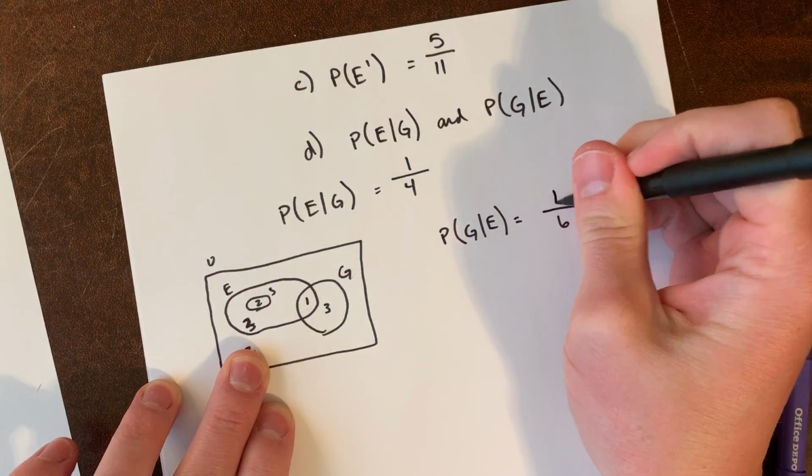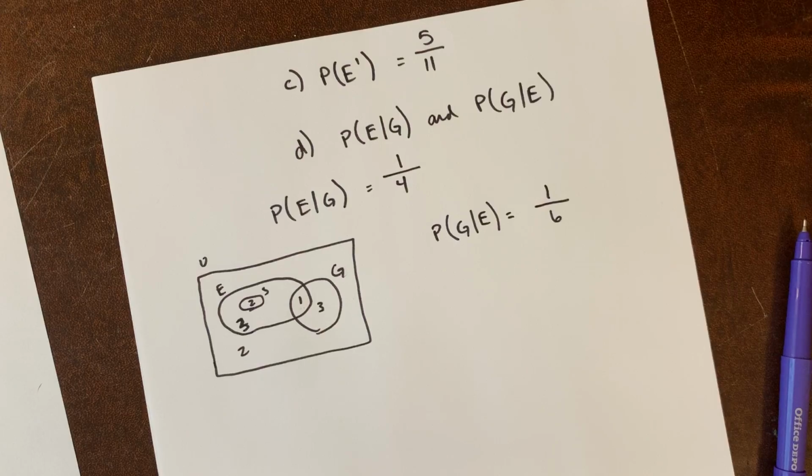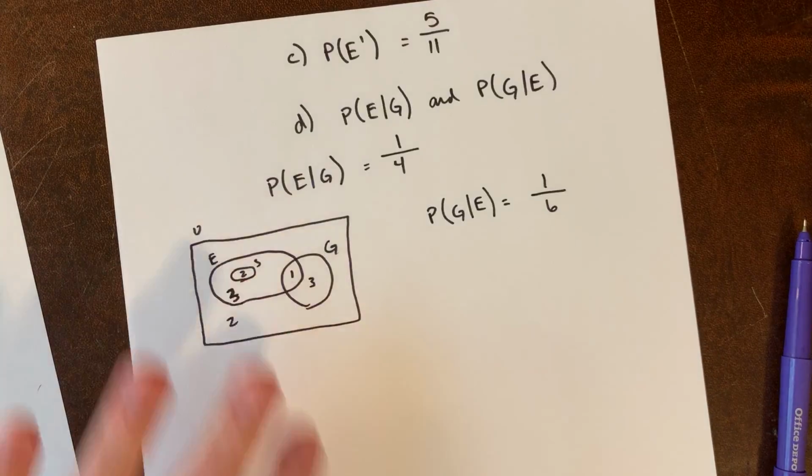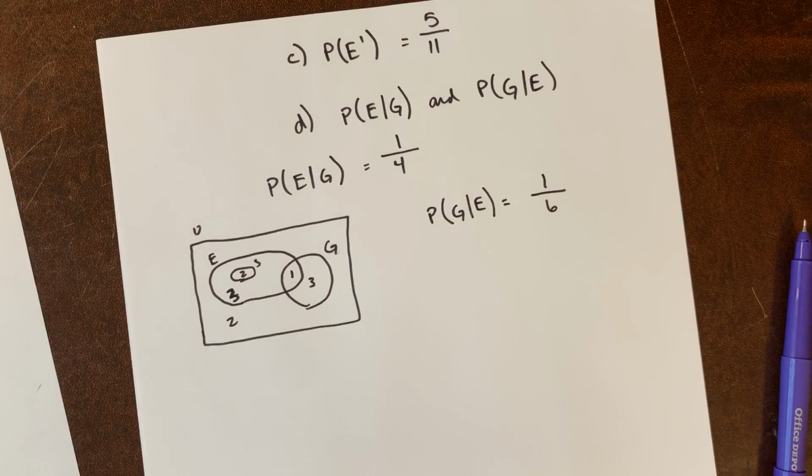So that's going to be 1 out of 6. All right, so if you notice, these 2 aren't the same probabilities. When you have a conditional like this, the order of the letters matters very much, and it's going to restrict what your final numbers are going to be. All right.